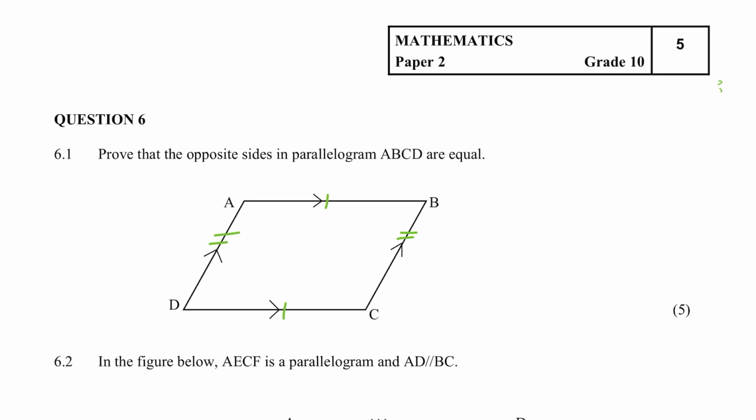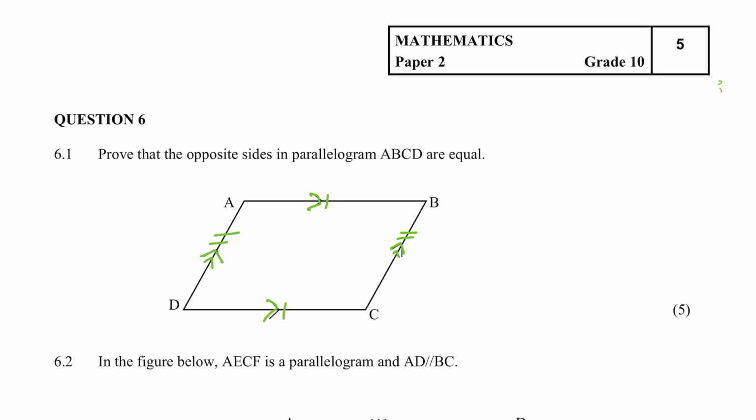You are required to prove that. And of course, this is a parallelogram, meaning this is parallel to that, and this side is parallel to that. Prove that AB is equal to DC and AD is equal to BC.